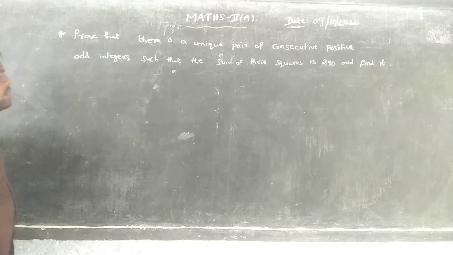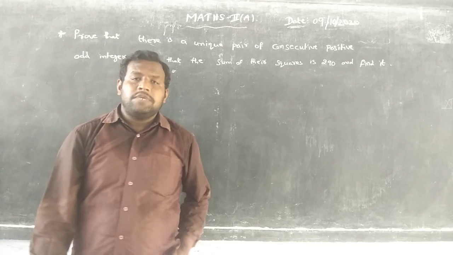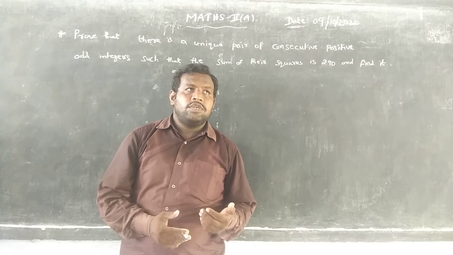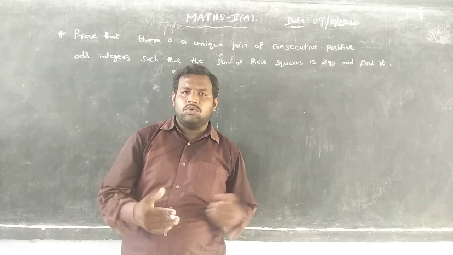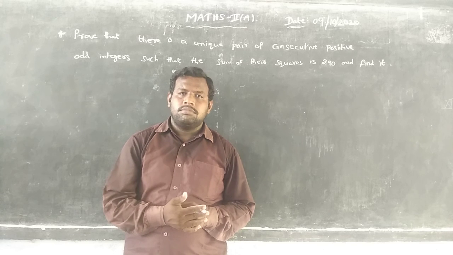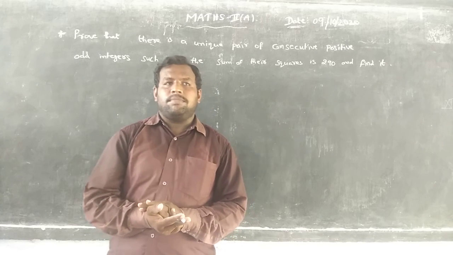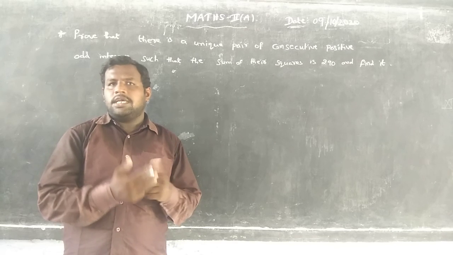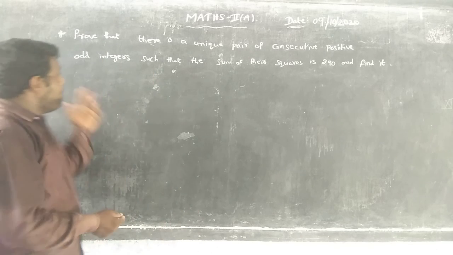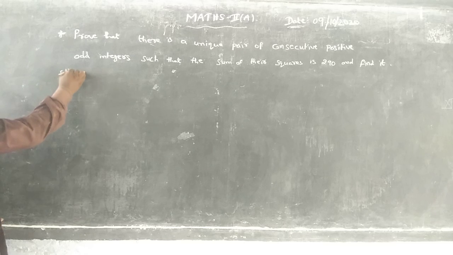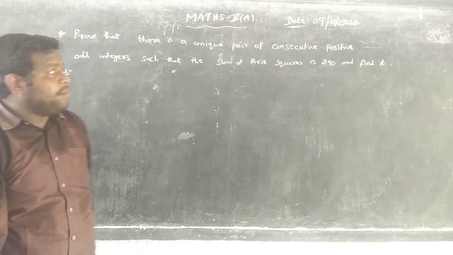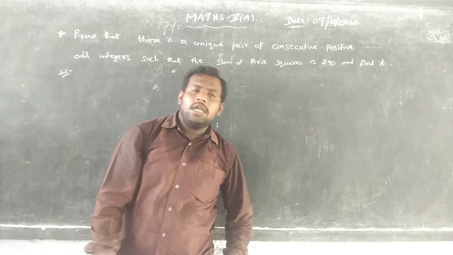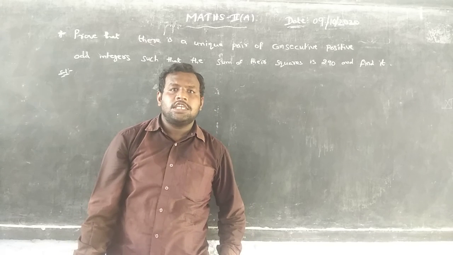Okay, actually what is consecutive? Consecutive means next terms. In natural numbers, 1 2 or 2 3 or 3 4, these two numbers are consecutive numbers. So consecutive means the next number. In this problem, 1 and 3 are both odd integers, both are consecutive odd integers.